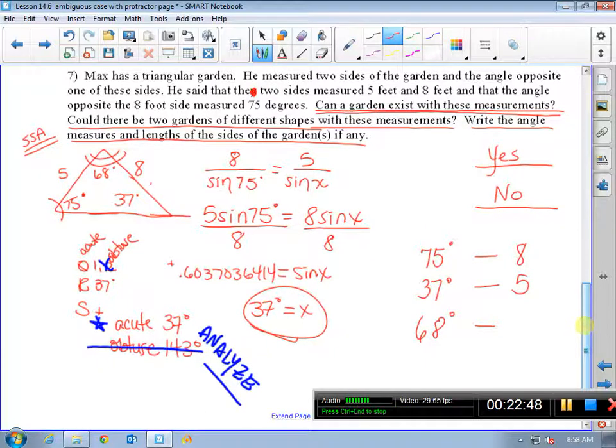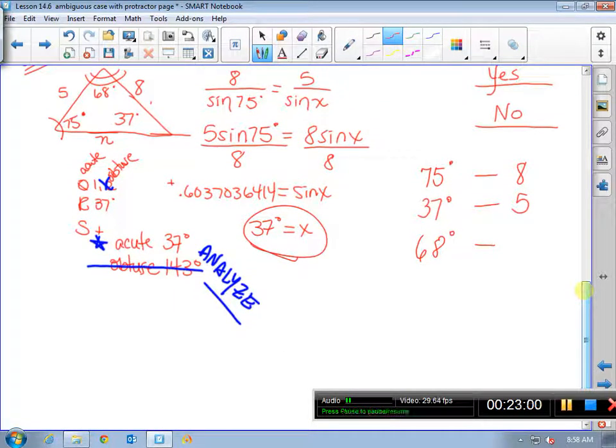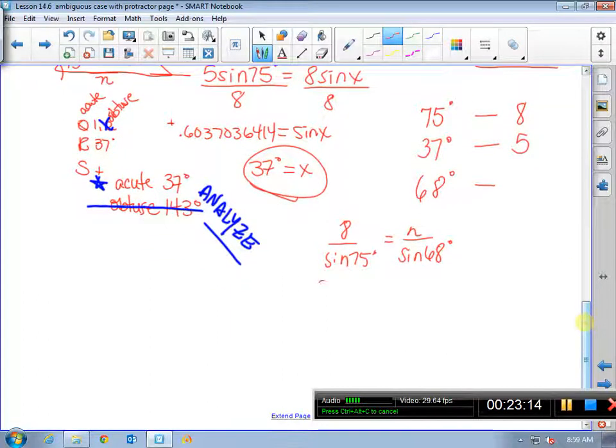Since we've been using the law of sines, let's use the law of sines to go find this side. I will call it n, since I already used x. Okay. 8 is to the sine of 75 as n is to the sine of 68. Quick cross, multiply and divide.